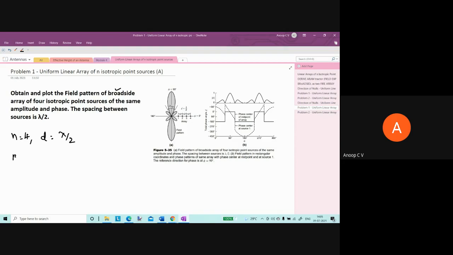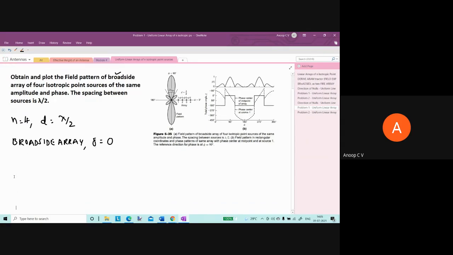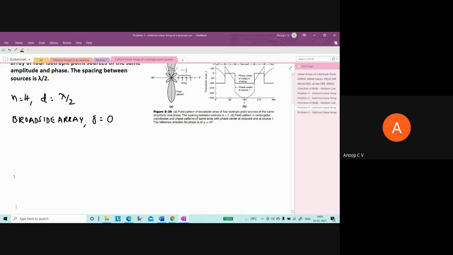Given it is a broadside array, can anyone tell me what the value of delta should be? For a broadside array, delta should be equal to 0, meaning the constant progressive phase shift is 0. So I can write the total phase shift psi between any two adjacent sources as 2 pi by lambda times d cos phi plus delta.